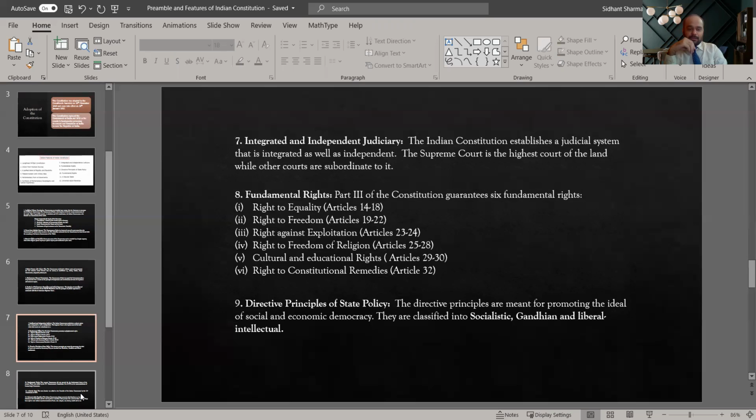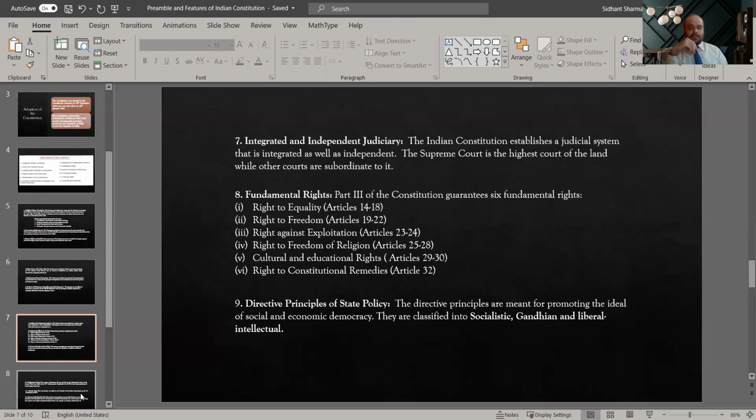It is a crucial feature, the directive principles of state policy. The directive principles are meant for promoting the ideal of social and economic democracy. They are classified into socialistic, Gandhian, and liberal intellectual. There are several Gandhian values that have been adopted in the Indian Constitution, such as abolition of cow slaughter and prohibition of alcohol, and there are various others.